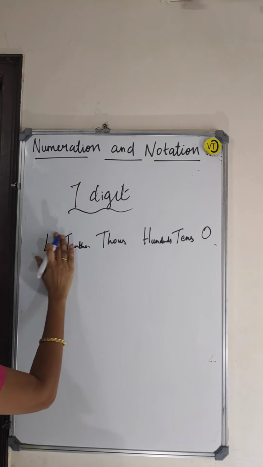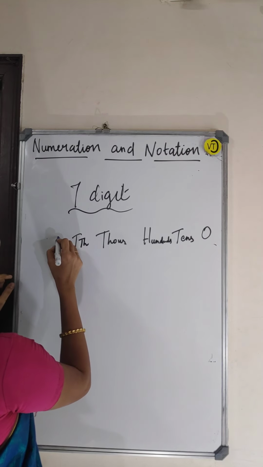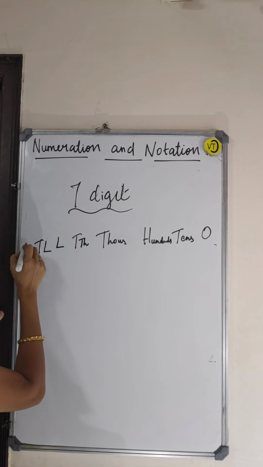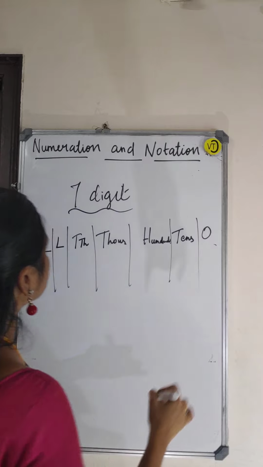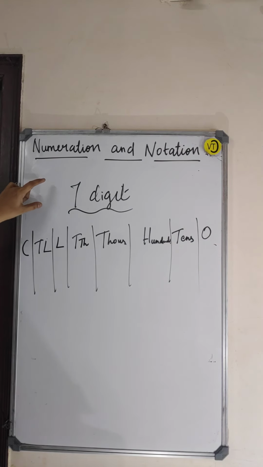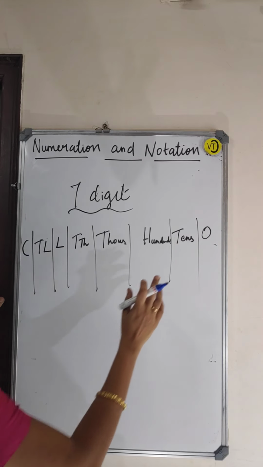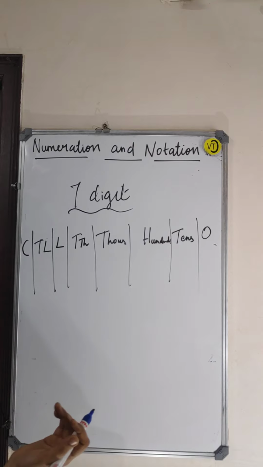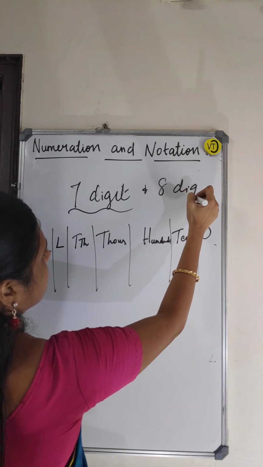Wait, I don't have space here. 10 lakhs again, then crores. So this is a place value chart for 7 digits or 8 digits. 1, 2, 3, 4, 5, 6, 7, 8 digits now. So 7 and 8 digit it is.